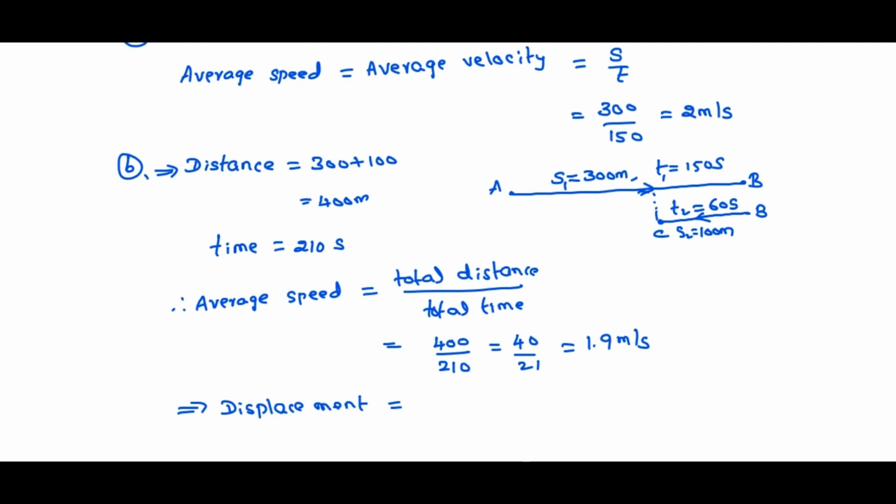Therefore, displacement will be from A to C alone. So, displacement is equal to AC, that is 300 minus 100. So, 200 meter. But time taken will be same, 210 seconds.